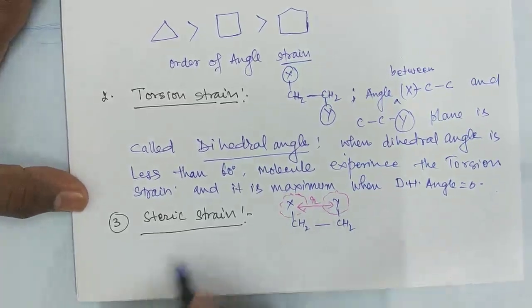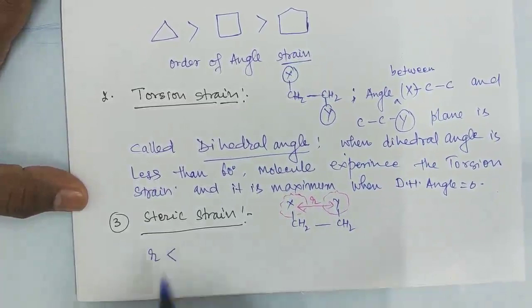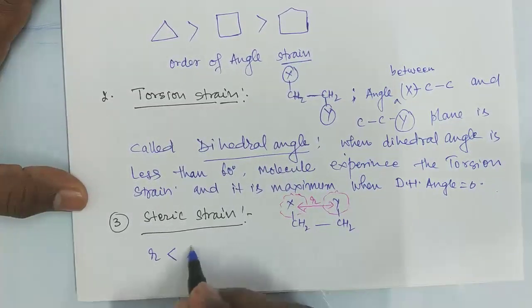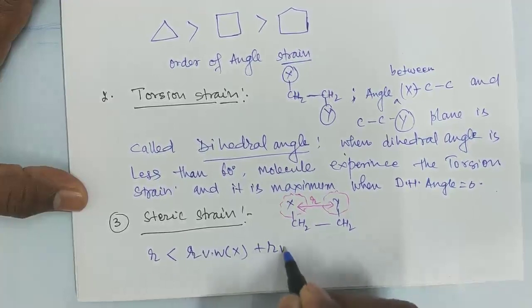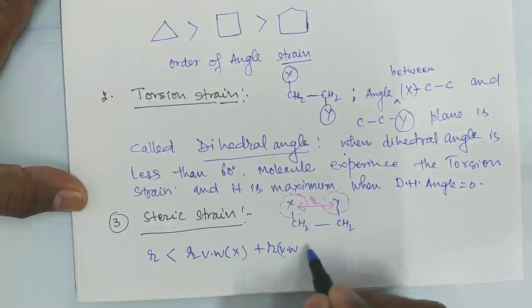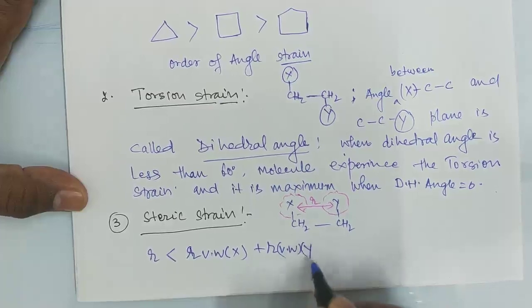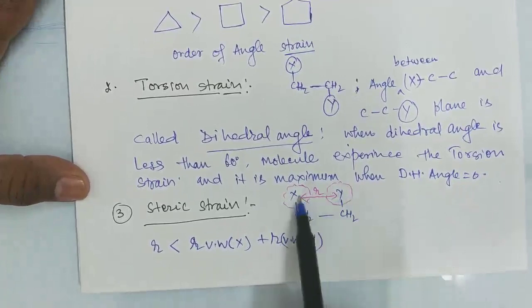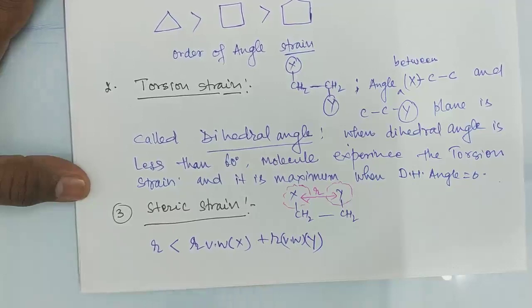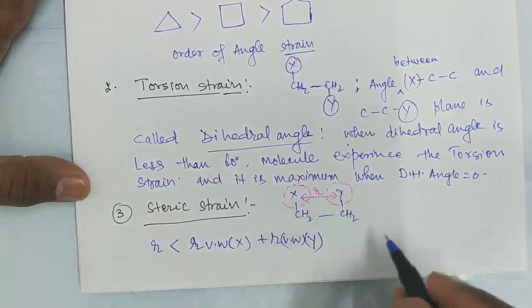Whenever the distance r is smaller than r van der Waals of X plus r van der Waals of Y, what does it mean? It means whenever the distance between two neighboring non-bonded groups is smaller than the sum of their van der Waals radii.